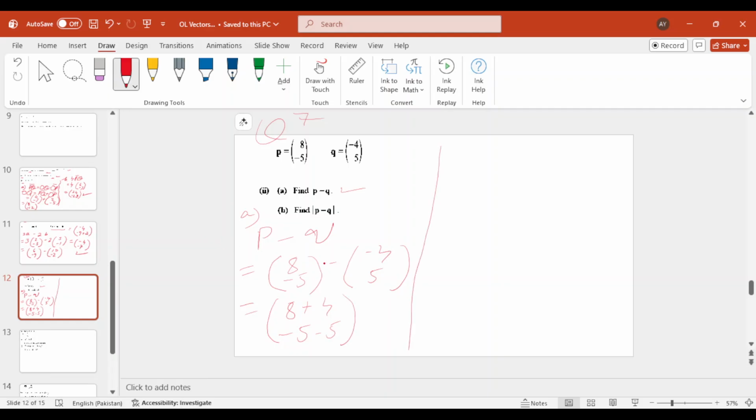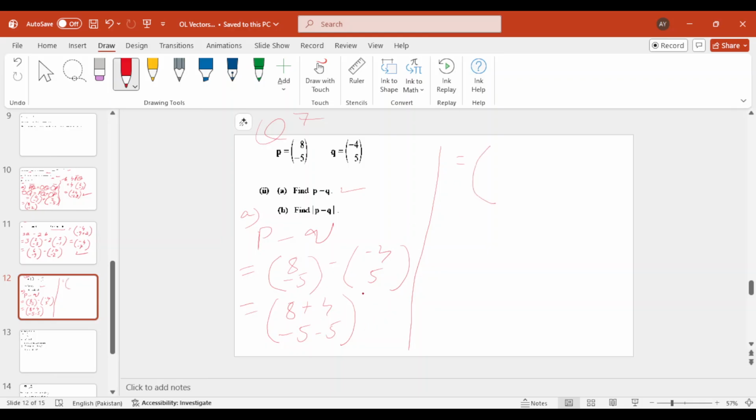We just add or subtract the x axis with the x axis and the y axis with the y axis. We add or subtract the same terms.